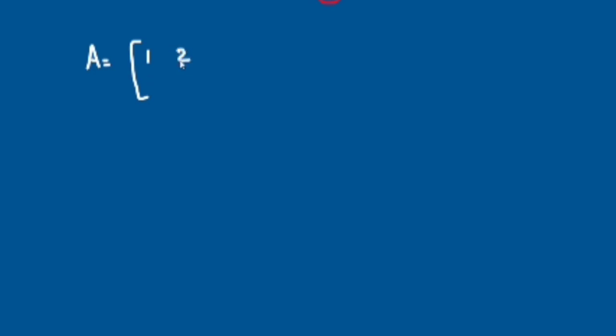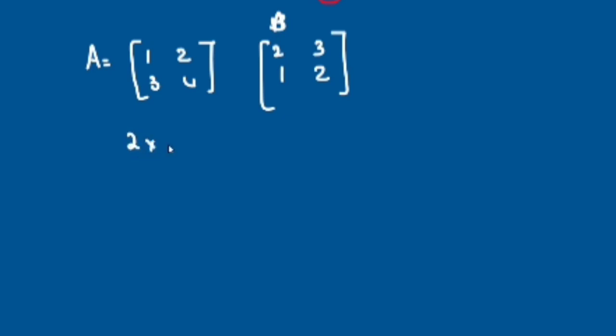I'll take a small matrix A: 1, 2, 3, 4, and matrix B: 2, 3, 1, 2. What is the order of matrix A? The order is 2 by 2. It's a square matrix. Square matrices you can always multiply.